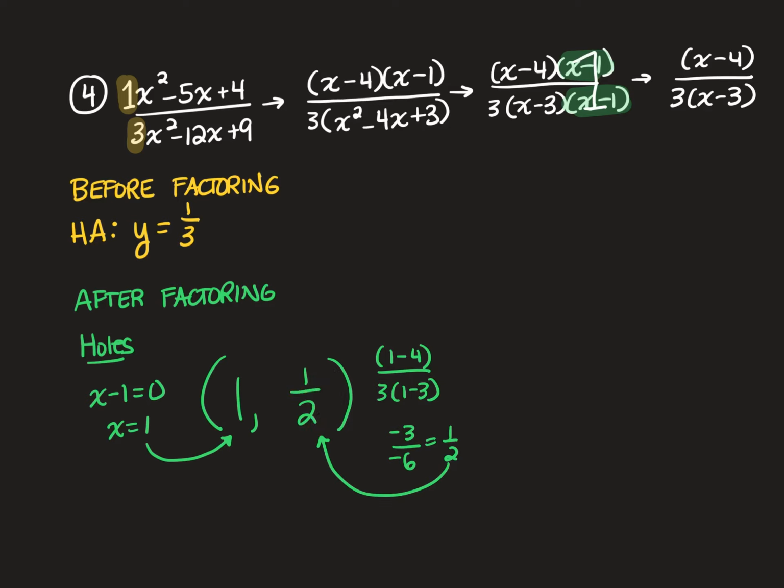All right, so once you have factored and you've gotten rid of your giant 1s, now's when we can actually go and find our vertical asymptotes. So after giant 1s, we can figure out any vertical asymptotes. Now, your vertical asymptotes are whatever makes your denominator 0.